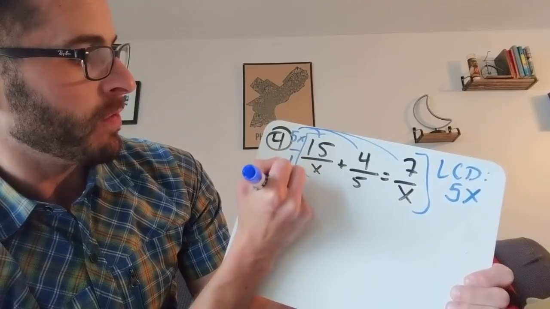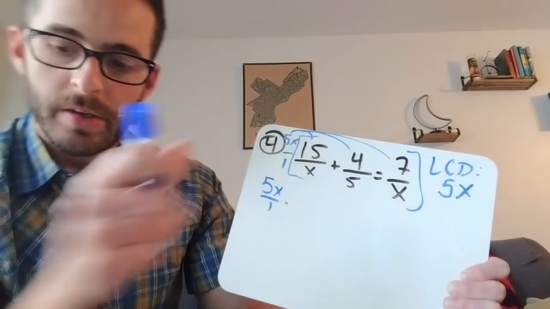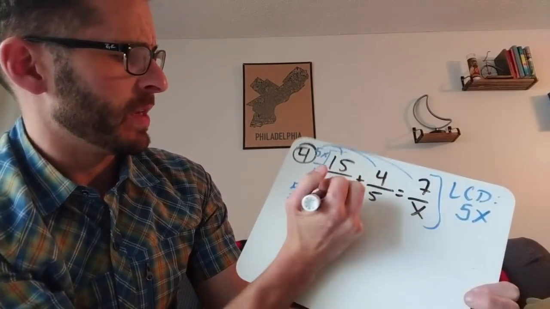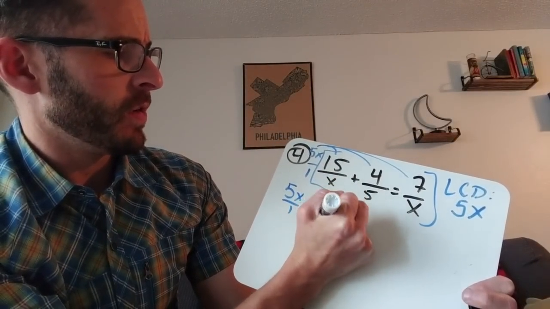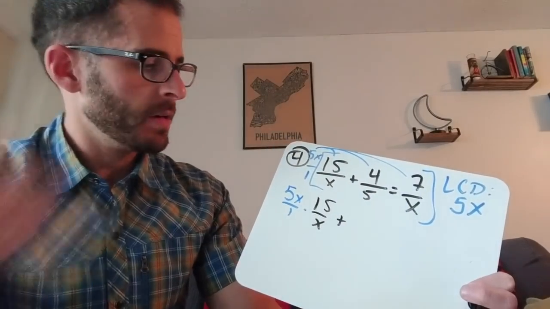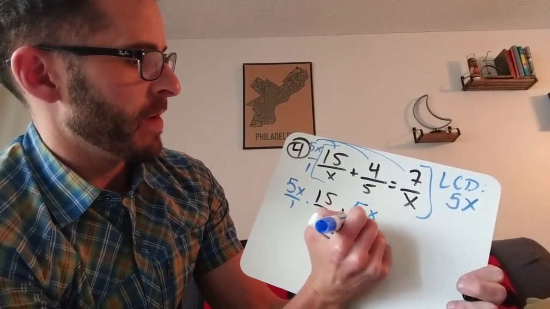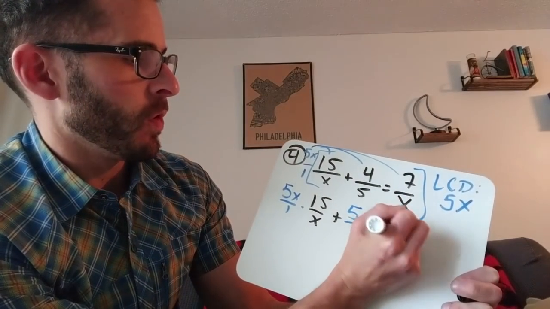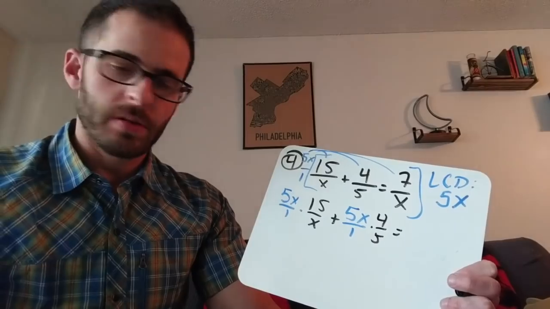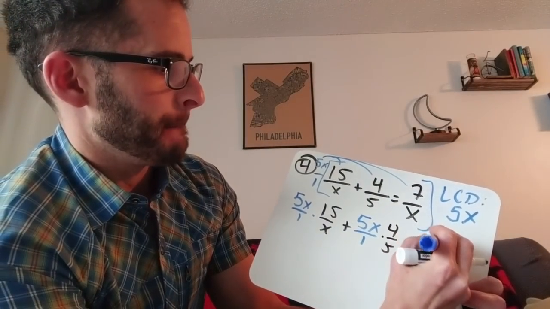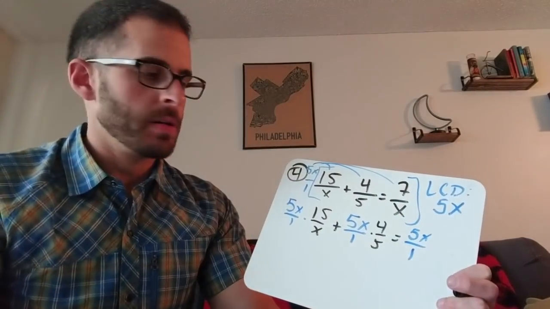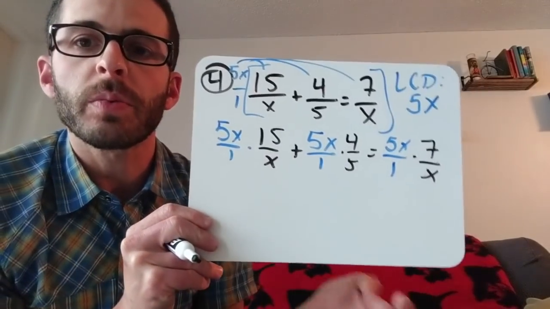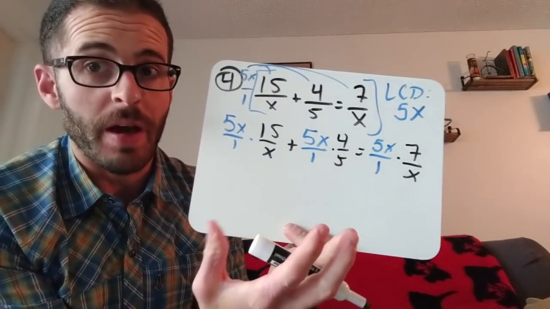So I really have 5x over 1 times 15 over x plus 5x over 1 times 4 over 5 equals 5x over 1 times 7 over x, right? I just distributed the 5x to everything. I didn't do any math yet.